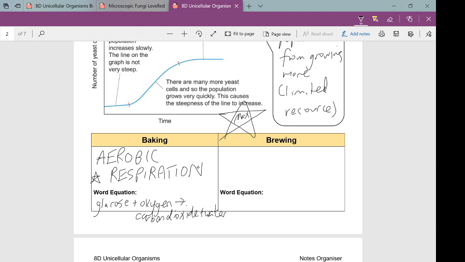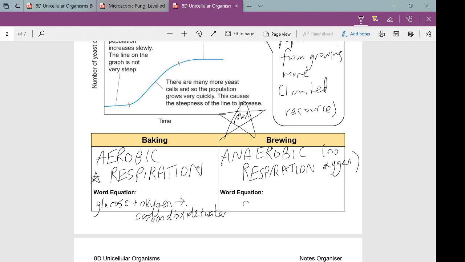Okay? Now, with brewing though, that is the opposite of baking, meaning it's got a different process going on. It uses anaerobic respiration, so that is without oxygen.